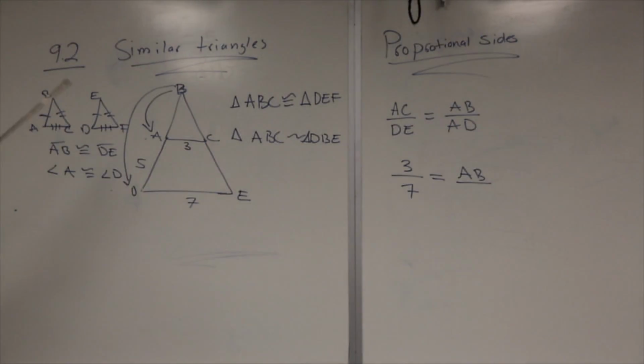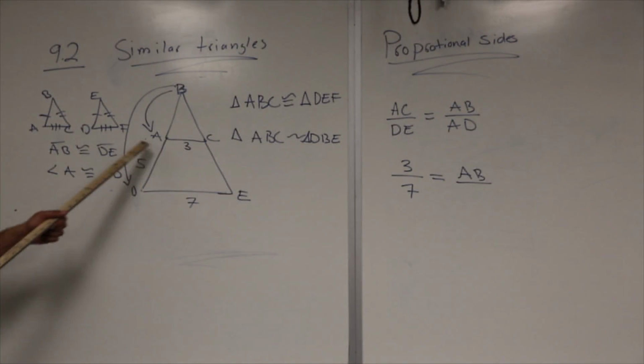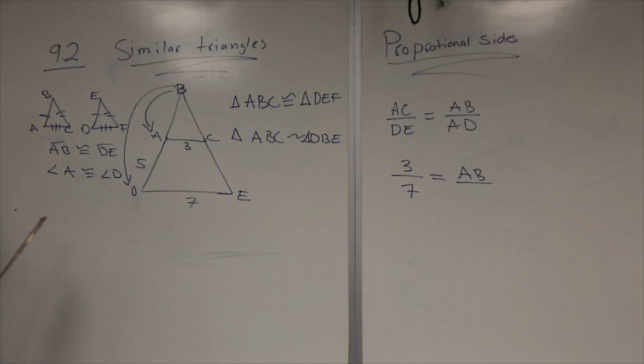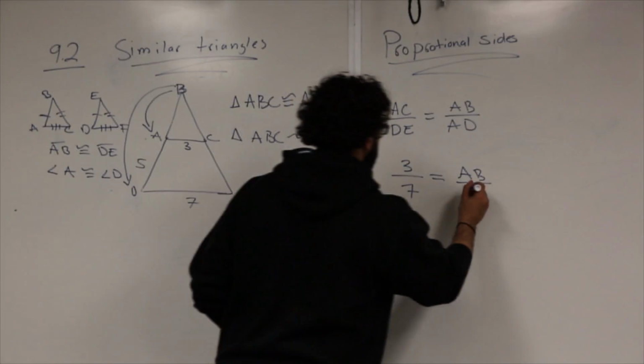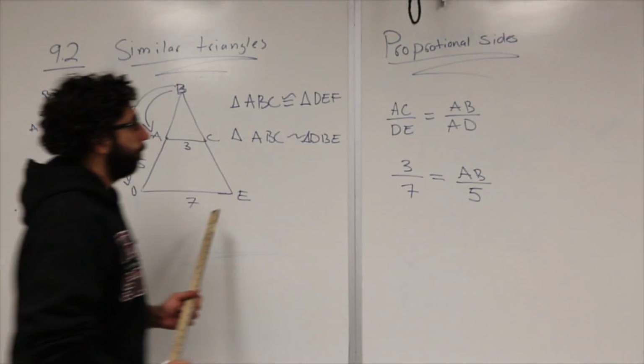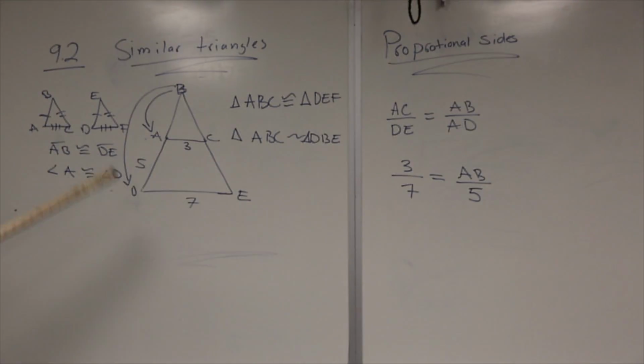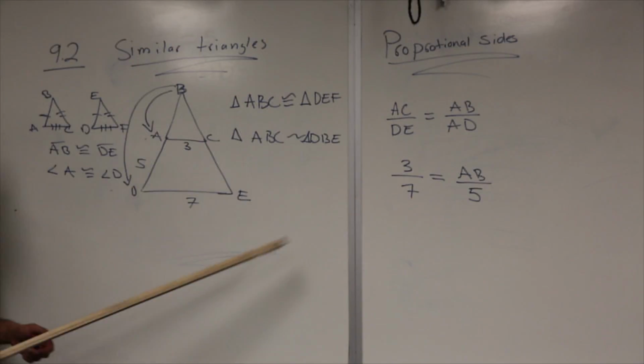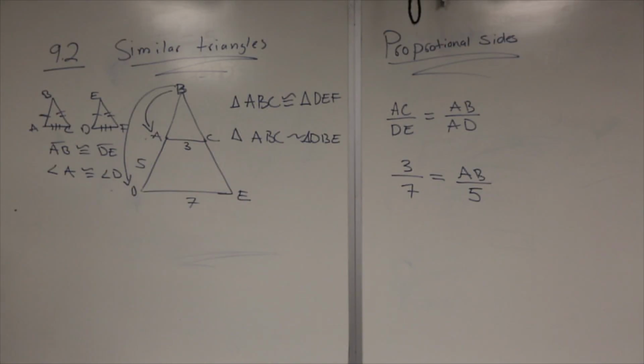AD is 5, so let's put 5 there. Now, we have replaced all the line segments that have a numeric value in their place, right? They have a numeric value assigned to them. So I replaced them. Now what we have to do is cross multiply.